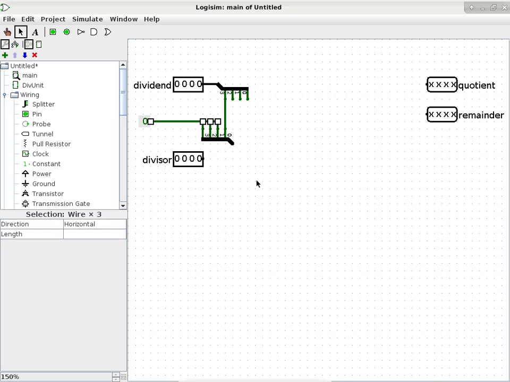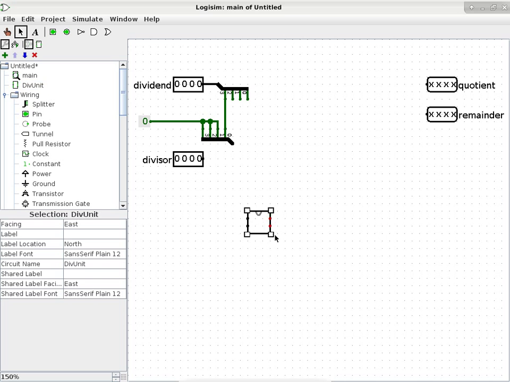It's time to use our division unit. So we pull a division unit, and we stash it here. The division unit already has the right orientation, which means we put this number into the first input, and we put this number into the second input.